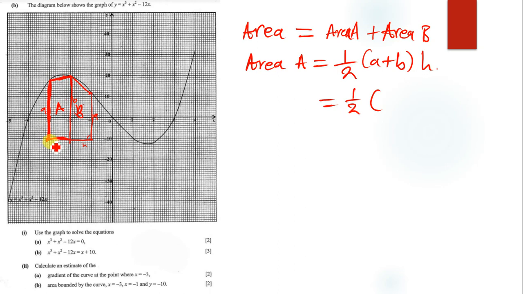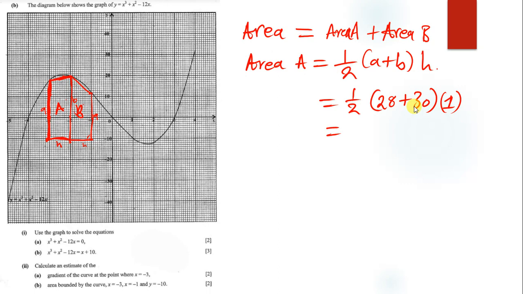So 18 plus 10 is going to give us 28, and then the distance from here to there, that's our B. From here to there is 10, from there to there is 20, so 10 plus 20 gives us 30. Then the height is just the distance from here to there, that's one unit according to the measures that have been given here.